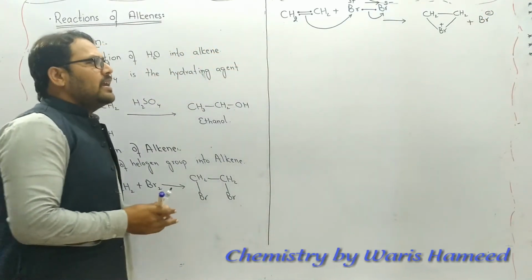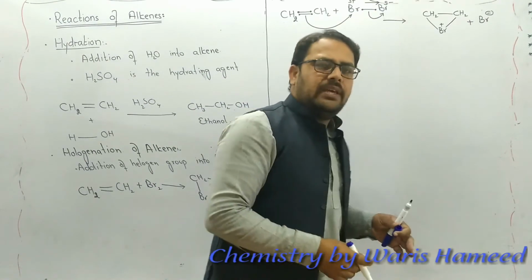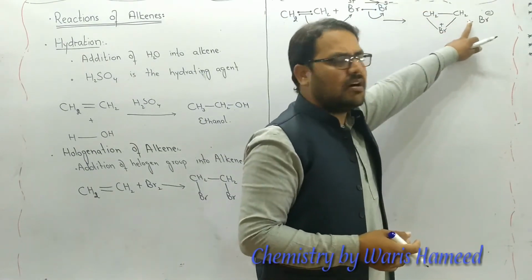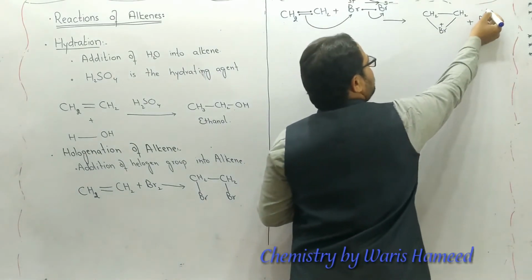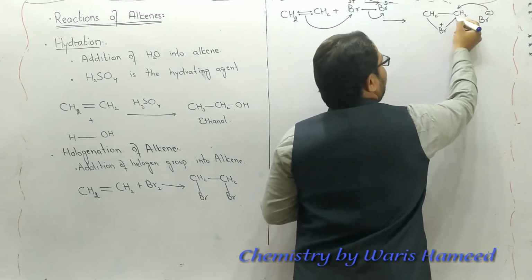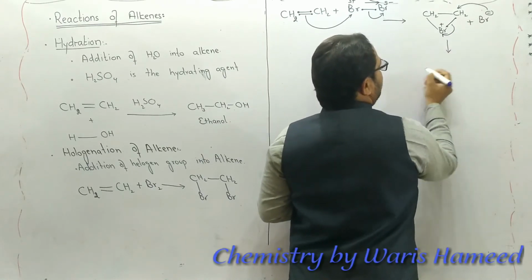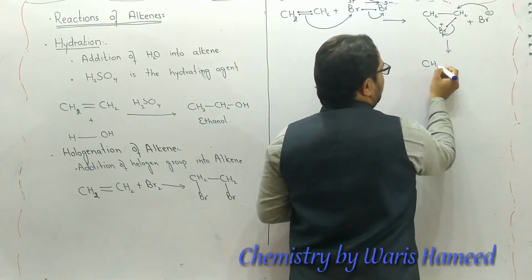Now Br negative has the opportunity to attack on either of these carbons, and it will form dibromoethane.